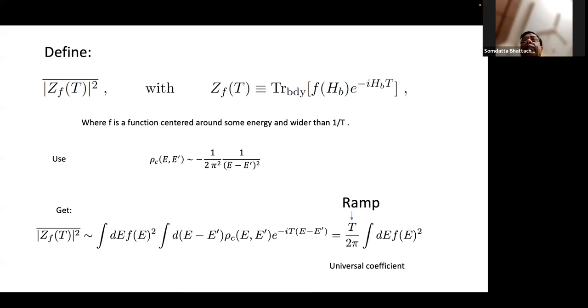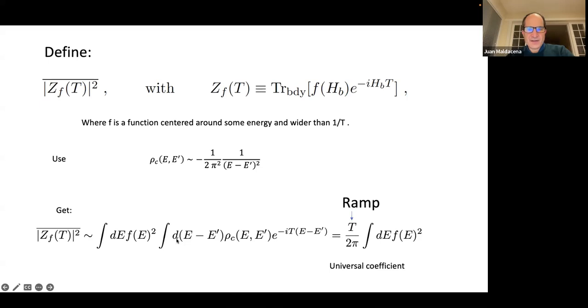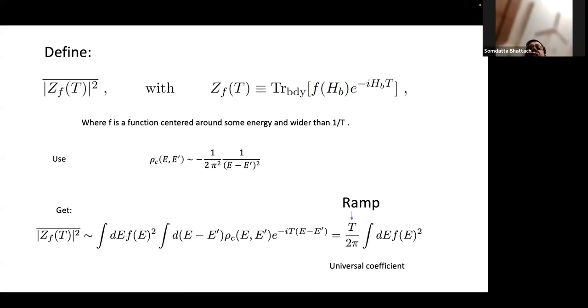No, what I mean is, if you have the delta function, doesn't it set E equals E prime in the integral? I don't think I talked about any delta function here. Which delta function? Oh, I see. Okay, fine. Sorry. So this is not a delta function. This is just the integral over E minus E prime. Okay, sorry. Was that the question? Yeah. Sorry. Okay.